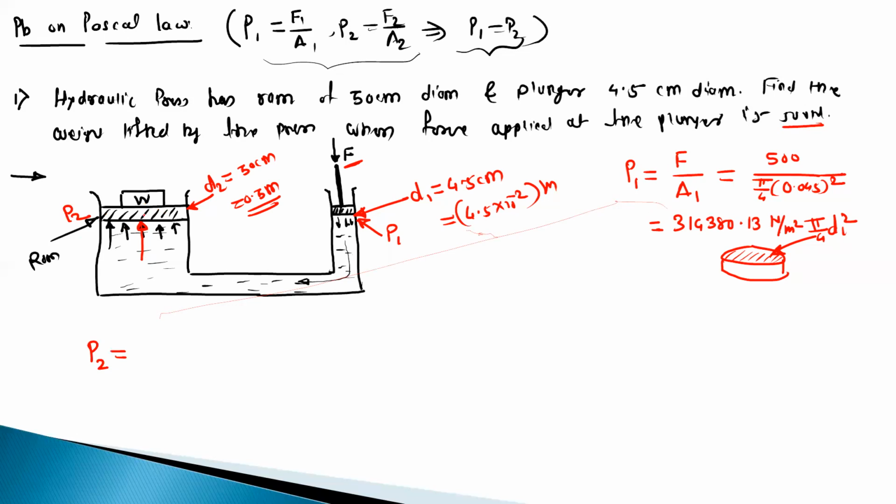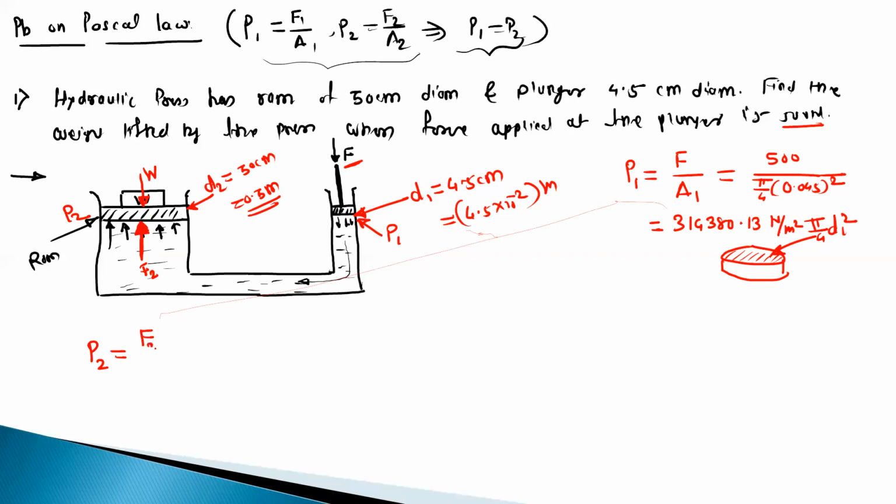In order to lift this weight W, the force created by this pressure must be equal to the weight W, or greater than that weight. So we will consider the limiting condition. So this force, let us take this F2, must be equal to W.